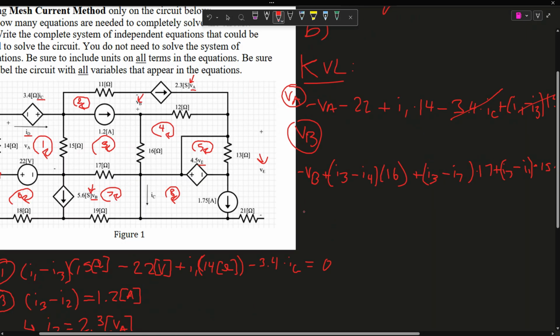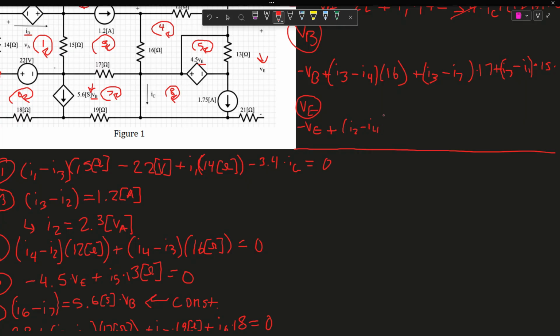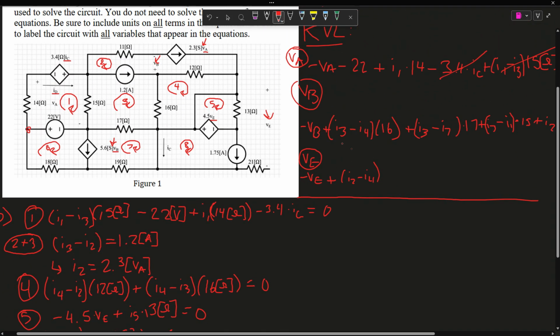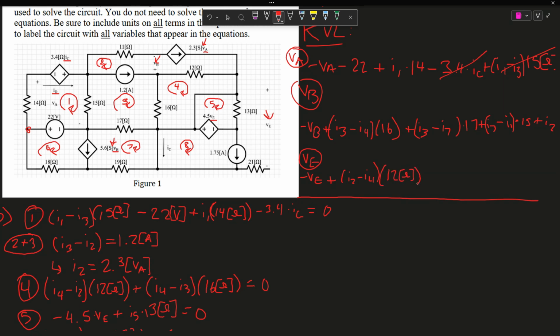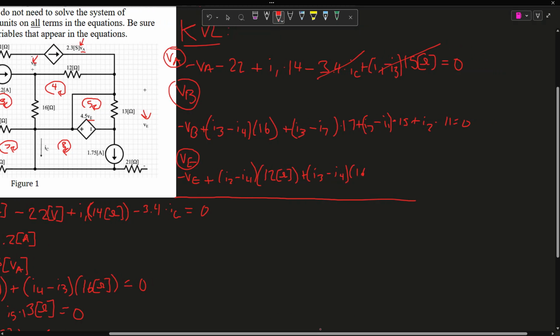So let's do minus VE plus I2 minus I4 times 12 plus I3 minus I4 times 16, and then might have gotten lost here.